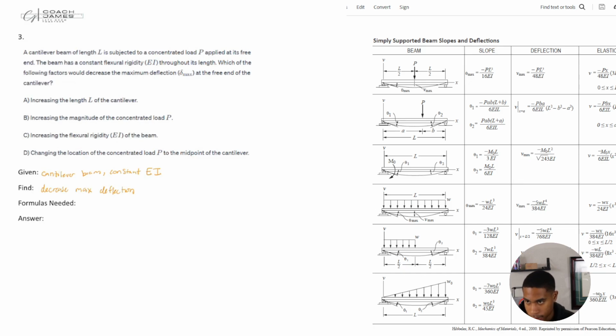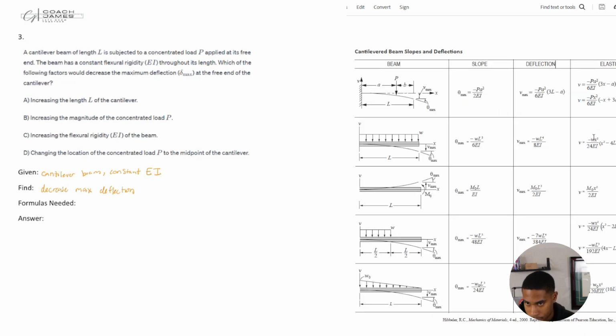What formulas might we need? Well, let's look at max deflection for a cantilever beam. Okay, so we're still in the same section, but we're looking at deflection for, is this for a point load? Concentrated load, yep, P. Okay, so we know that V max is here.